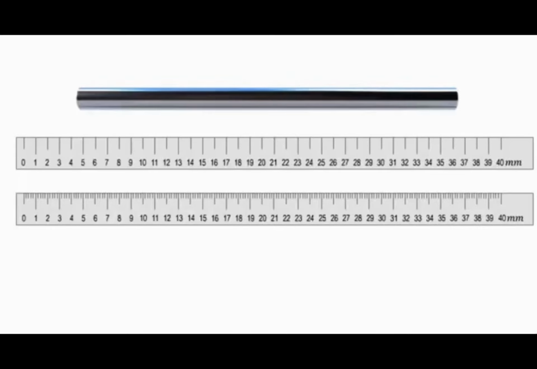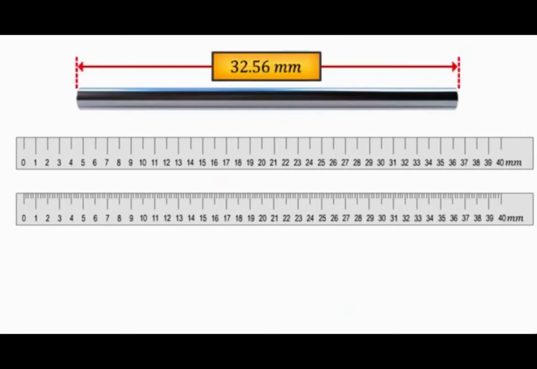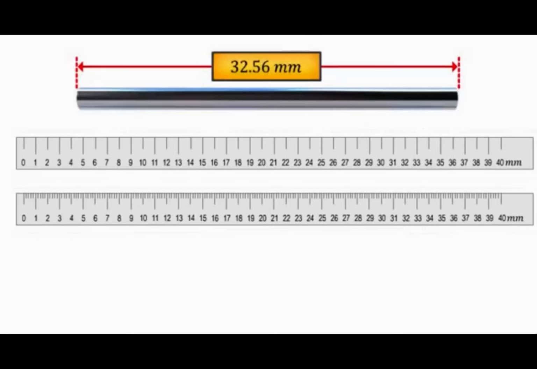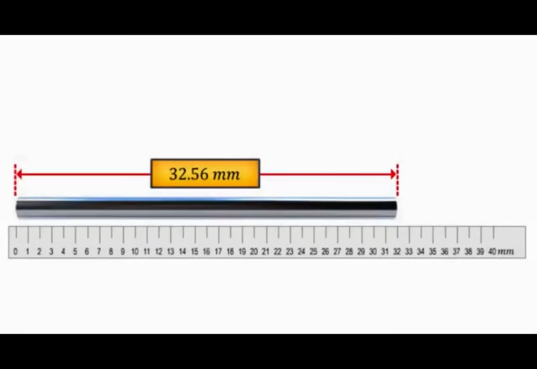Take, for example, an object whose absolute length is 32.56 mm measured using 2 different instruments. Using the first instrument with a resolution of 1 mm, we obtain the measurement as 32 mm. Let us call this measurement M1.